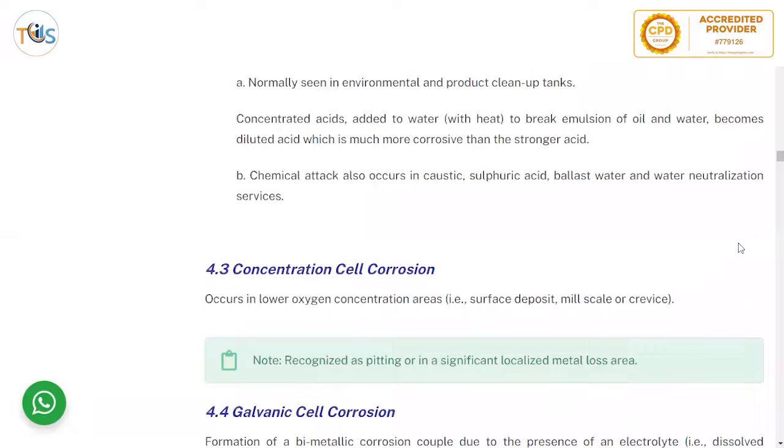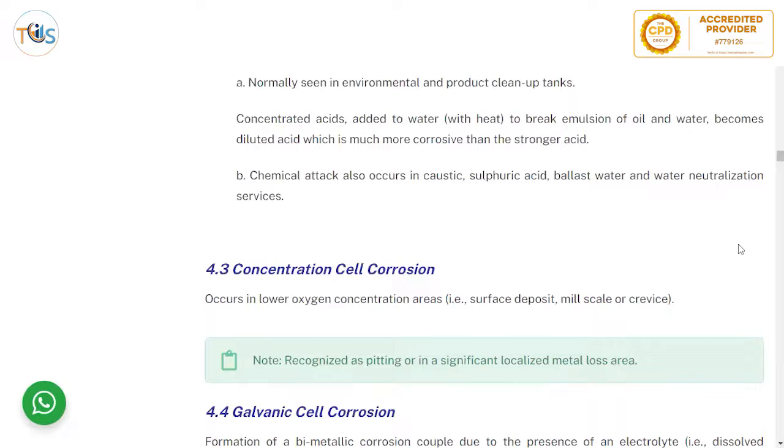Chemical corrosion is normally seen in environmental and product cleanup tanks. Concentrated acids are added to water with heat to break the emulsion of oil and water. It works like a detergent or soap, becomes diluted acid, which is much more corrosive than the stronger acid.